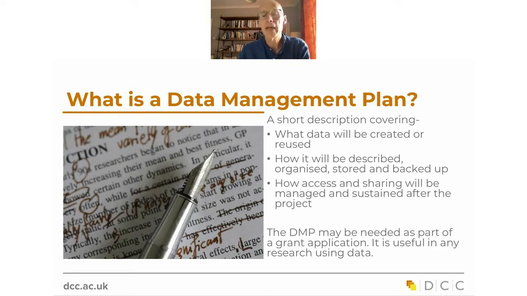Data management plans may be needed as part of a grant application, but I'm hoping that you'll agree, at least at the end of this, that data management plans are useful regardless of whether funders require it in any research context that requires data.